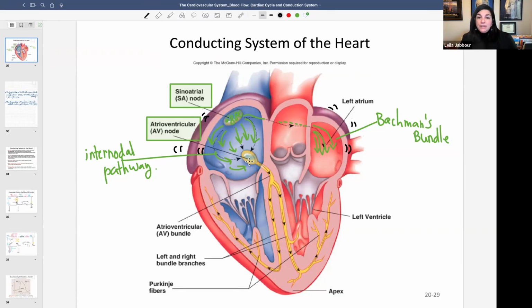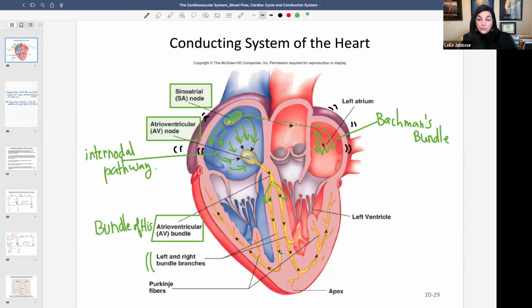Right. So we arrive at the AV node. There's a delay. There's a delay before the signal goes down the AV node and into this AV bundle, or bundle of His. This is going to split into bundle branches, right and left bundle branches.